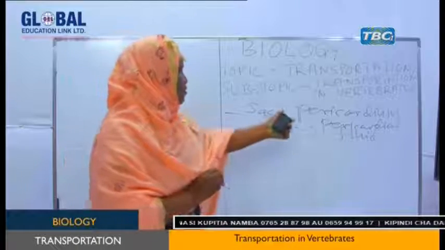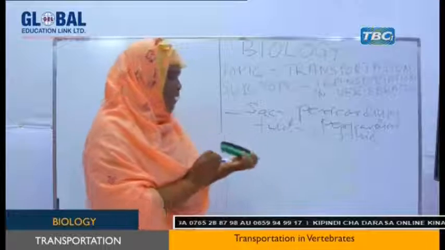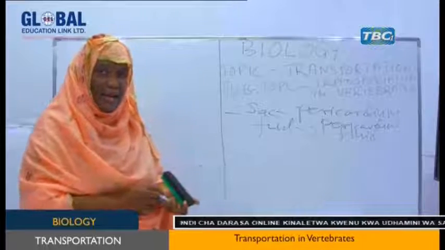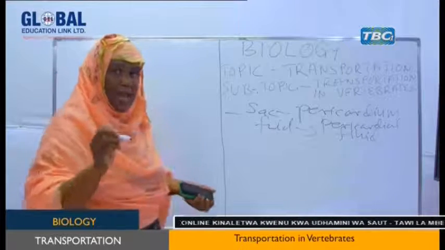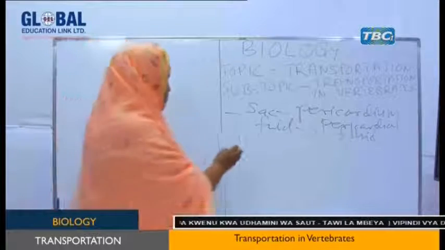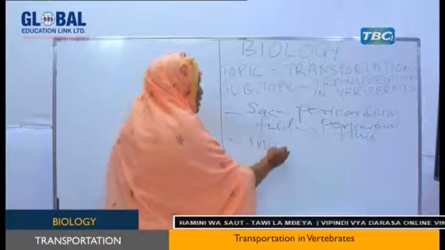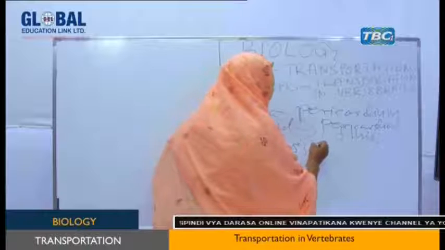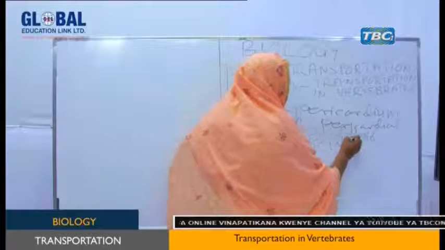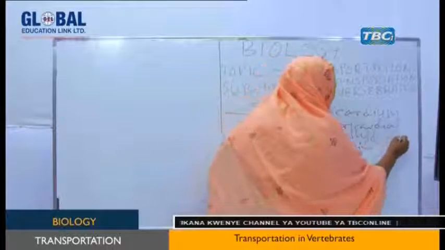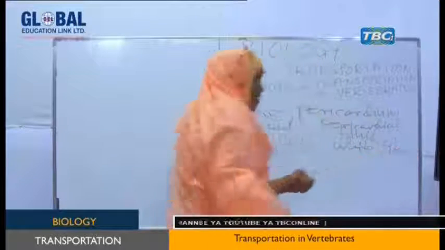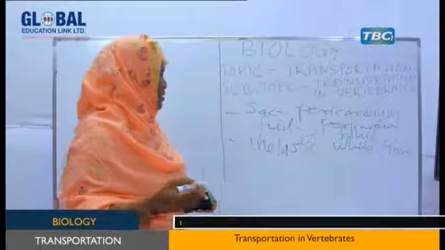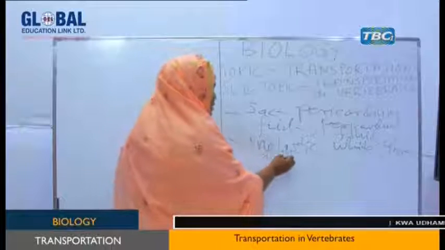Apart from having the fluid, the pericardium contains the outer layer. The outer layer is formed by inelastic white fibers, and this is found outside.